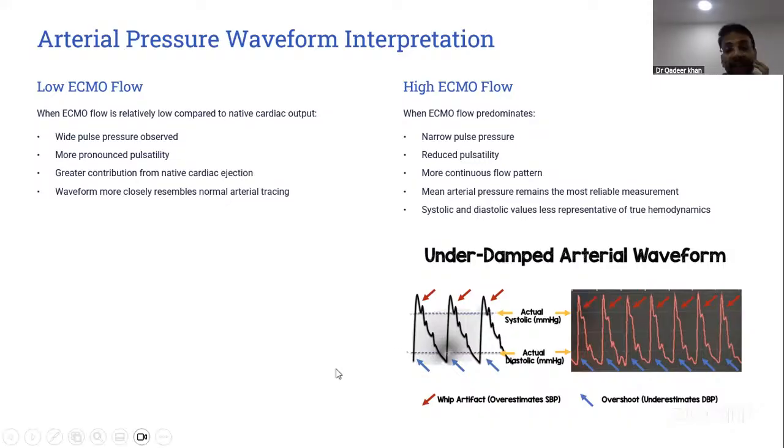As there is a greater contribution from the native cardiac ejection, the blood to the upper part of the body is well maintained. More oxygenated blood is going to the lower part, and if your native function is good, then the upper part of the body will also receive good oxygenated blood. The waveform is normal or nearly resembles the normal arterial waveform.